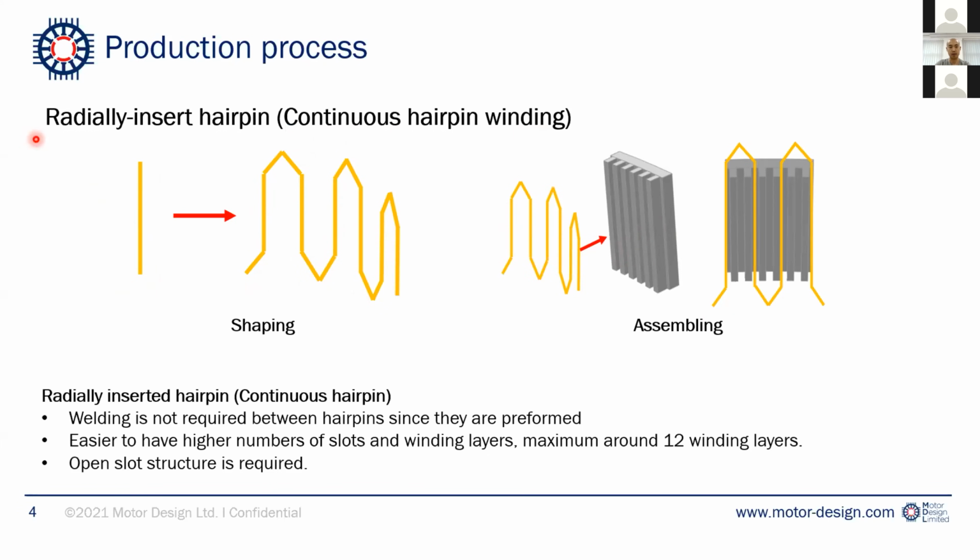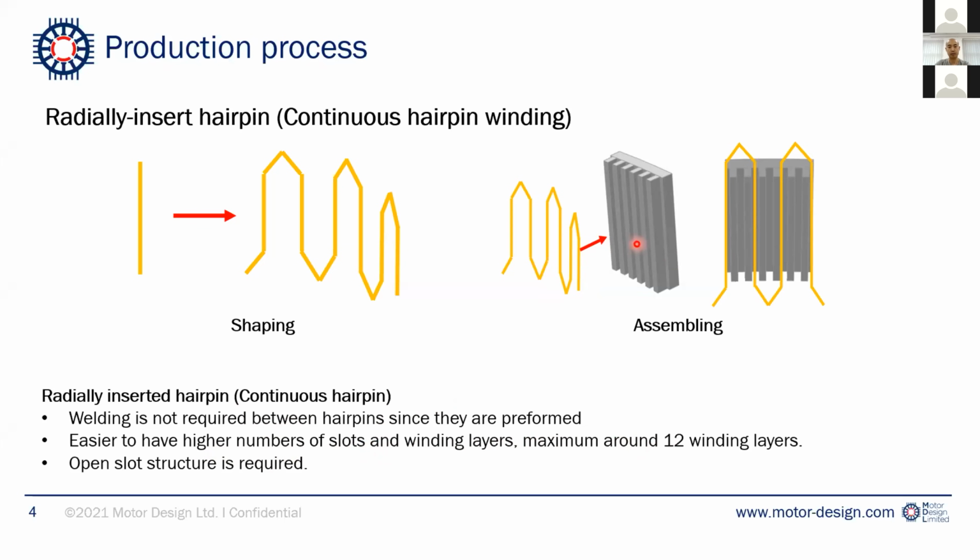That's why it's called the radially insert hairpin. You can see in this process, the welding and twisting are not required, so we can save a lot of effort and time. It's easier to have a higher number of slots and winding layers. Maximally we can achieve around 12 winding layers.